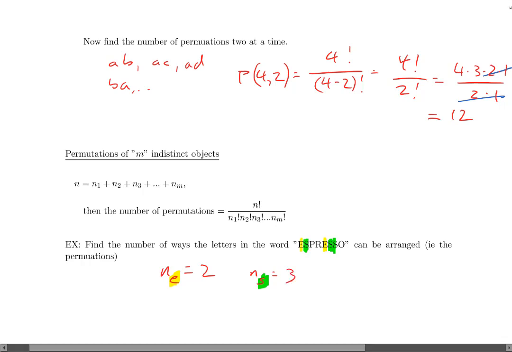And then the number of times P shows up will be 1. The number of times R shows up is 1, and the number of times that O shows up is also 1. So add all these together, n equals 8.